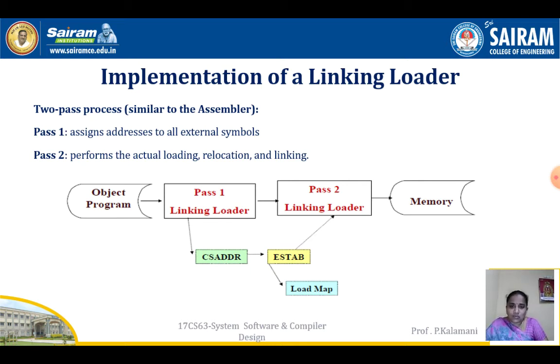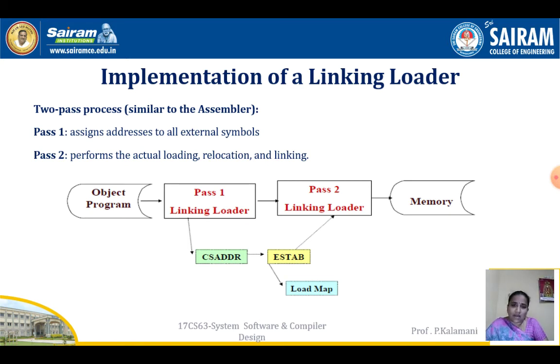It assigns addresses to all external symbols with the help of the data structures CSADDR and ESTAB. CSADDR is the control section address and ESTAB is the external symbol table.